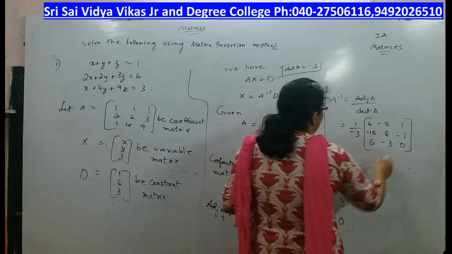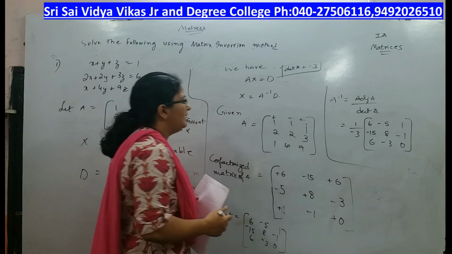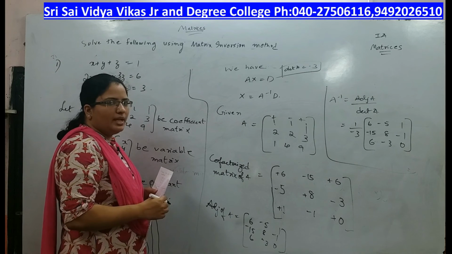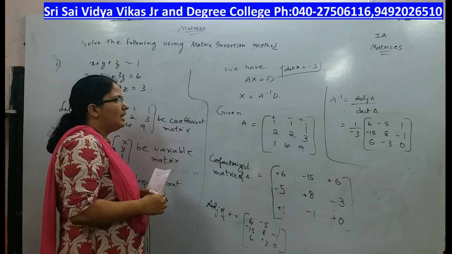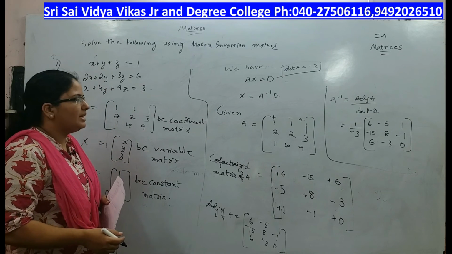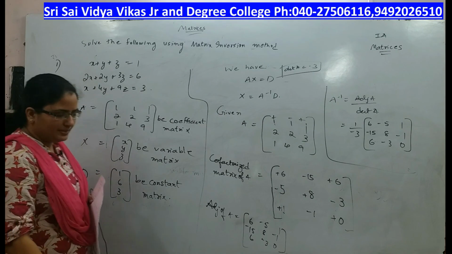This is A inverse. Now we have to do A inverse into D, that will give us matrix X. Now let us do A inverse into D.